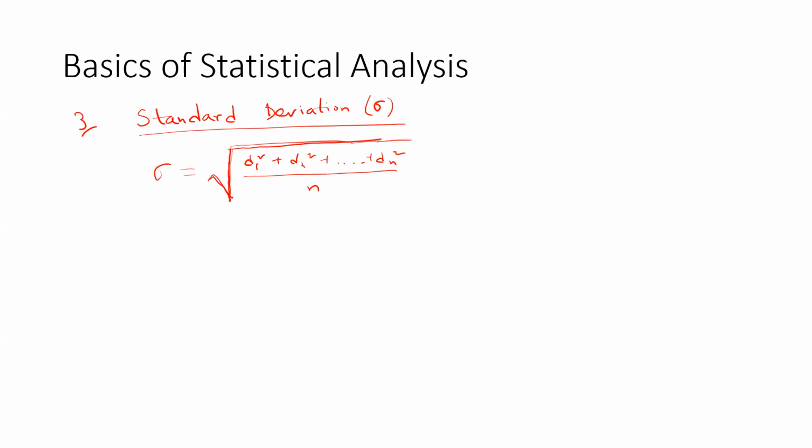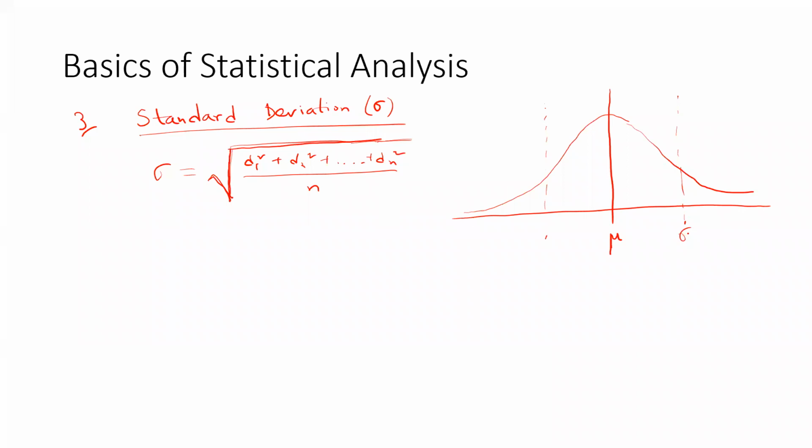In case of normal distribution, you are familiar with the normal or Gaussian distribution, and that can be represented using a standard bell curve like this, and it is symmetrical with respect to the mean. So the center point is the mean, or I can denote it by mu, and on both sides this is plus sigma, this is minus sigma. This is for one standard deviation.